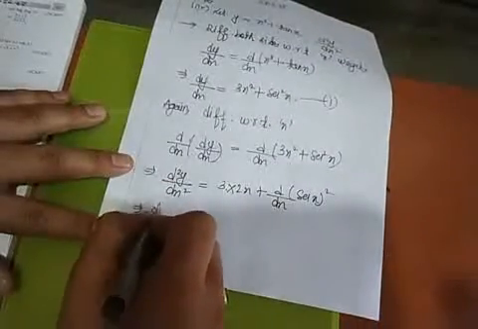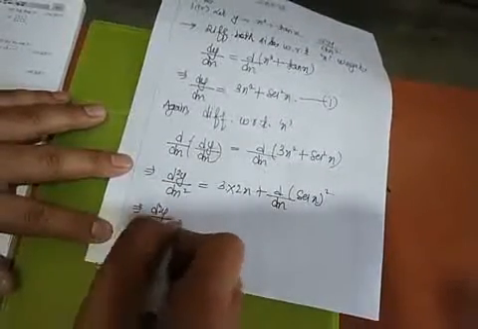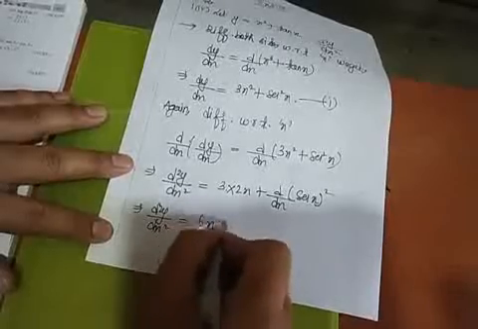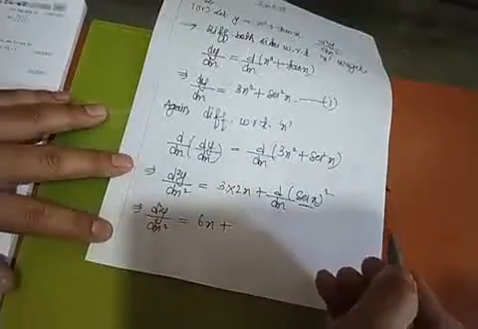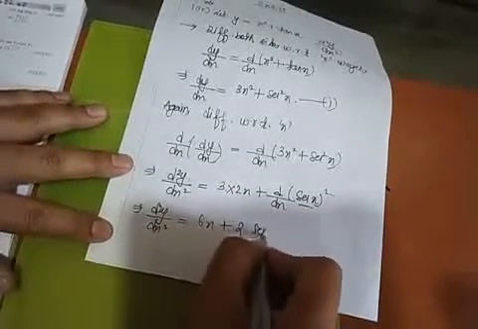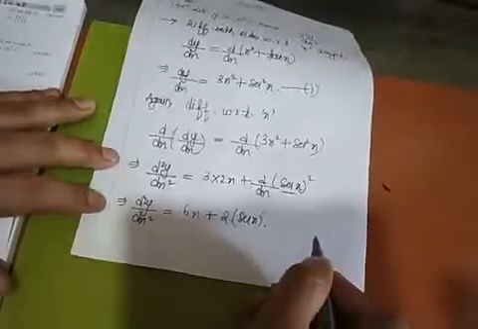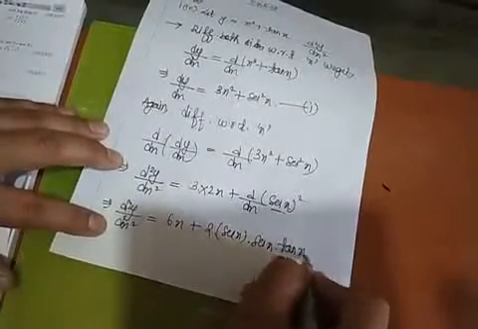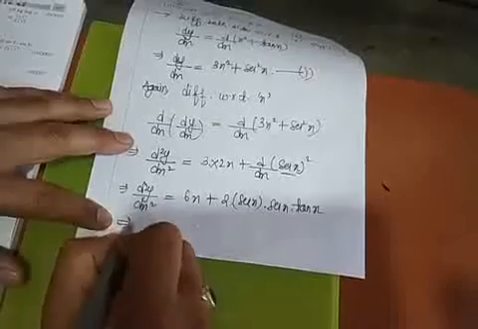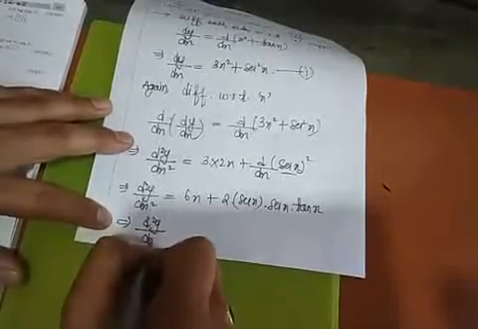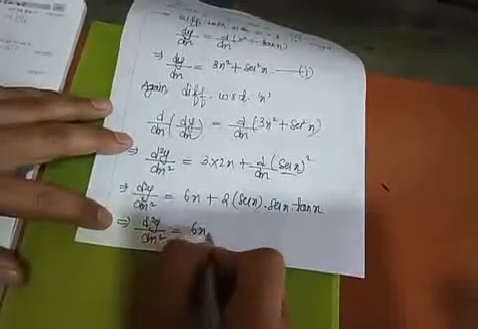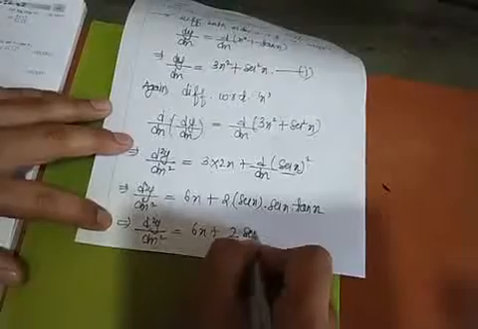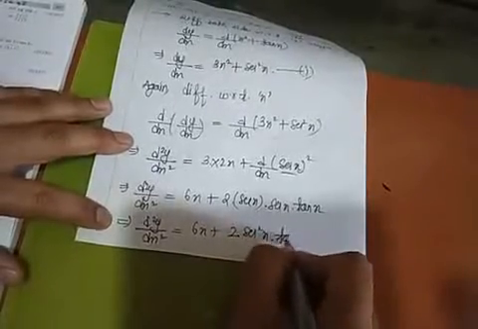So therefore d2y by dx square is equal to 3 into 2x, that is 6x, plus, assuming sec x as the variable, 2 sec x, and then the differentiation of sec x, which is sec x into tan x. So the final answer, the value of d2y by dx square, will be 6x plus 2 sec square x into tan x.